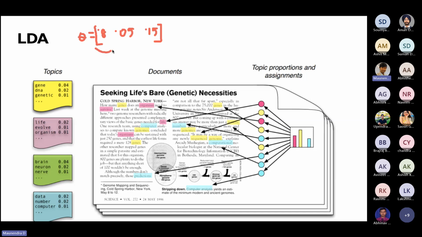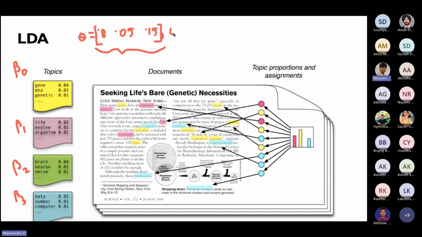Suppose, depending on these probabilities, I pick topic 2. Then I know that I'm going to generate a word for topic 2. Now I go to these vectors: this is beta 0 for topic 0, beta 1 the vector for topic 1, beta 2 for topic 2, beta 3 for topic 3, and let us assume there is a 4th dimension also.